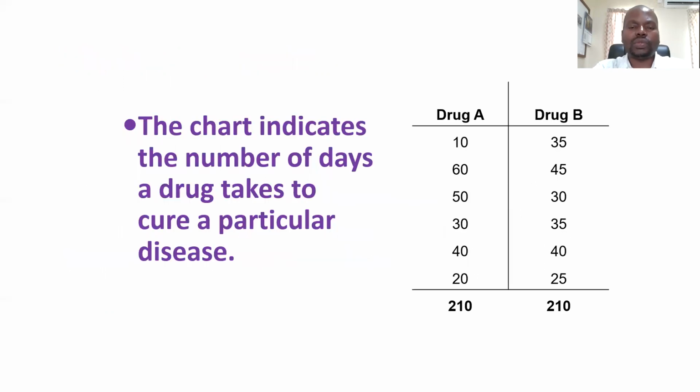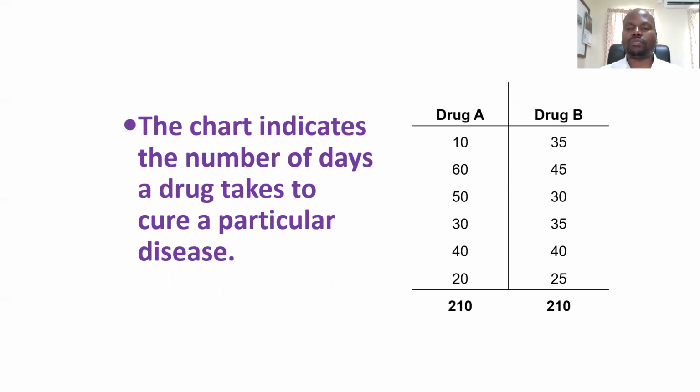So here are two drugs, drug A and drug B. And the chart indicates the number of days a drug takes to cure a particular disease. So you have drug A. How long does drug A take to cure a particular disease?